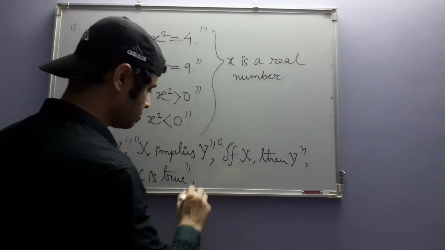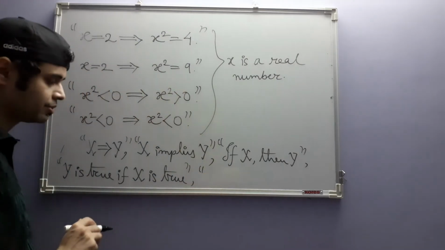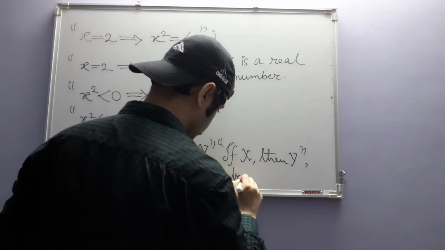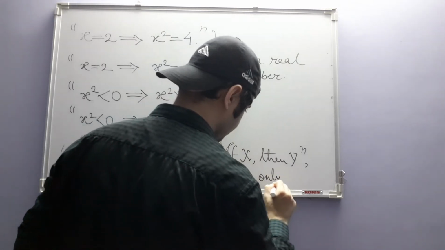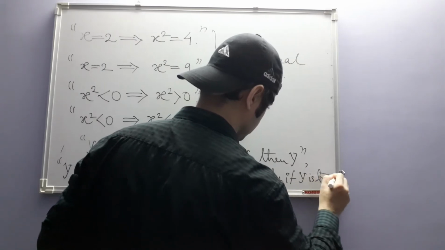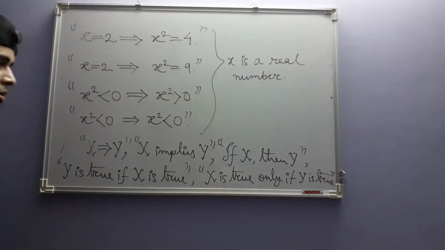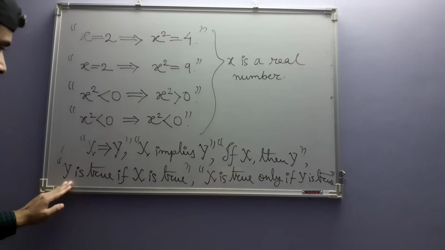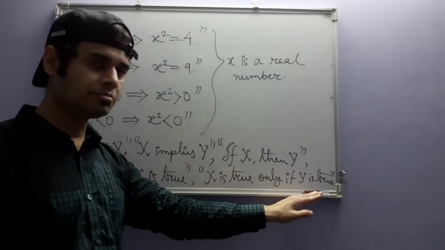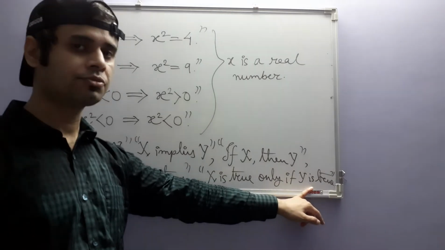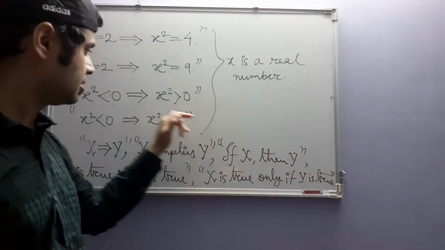Or there is one more way of writing, although this is somewhat confusing. x is true only if y is true. So you can write like this, or this, or this. Although they are the same thing, the last one takes quite some effort to see why it is the same thing as this.